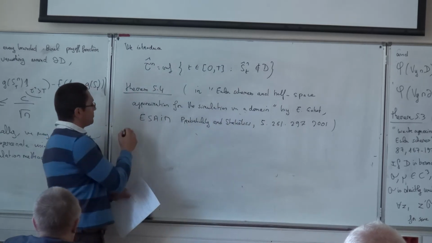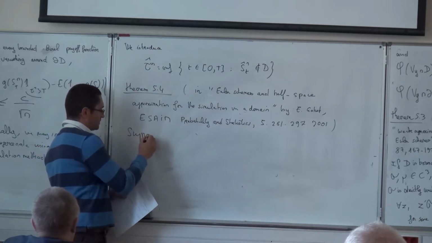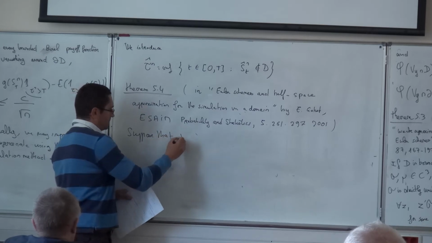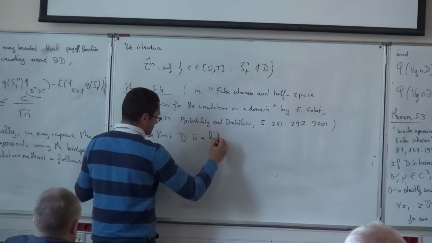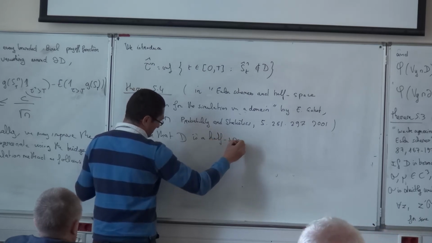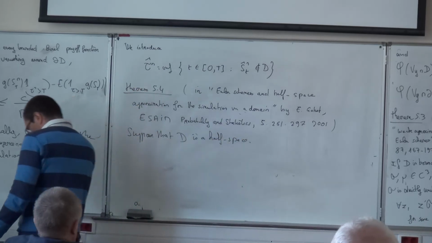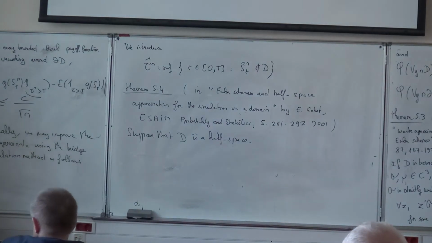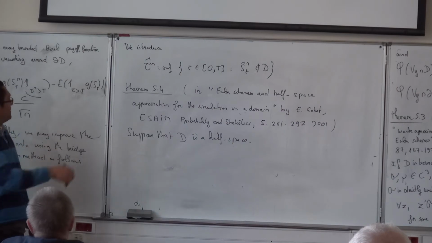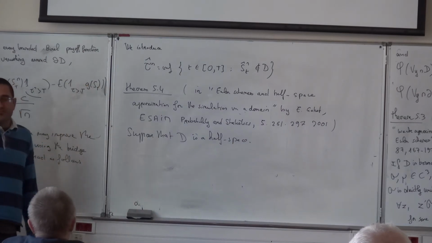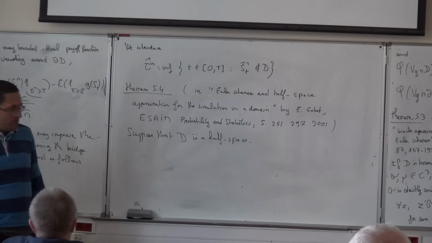So here we suppose that D is the half space. For instance, in the real case, just think of a barrier option, capital D maybe a cap, a bond.